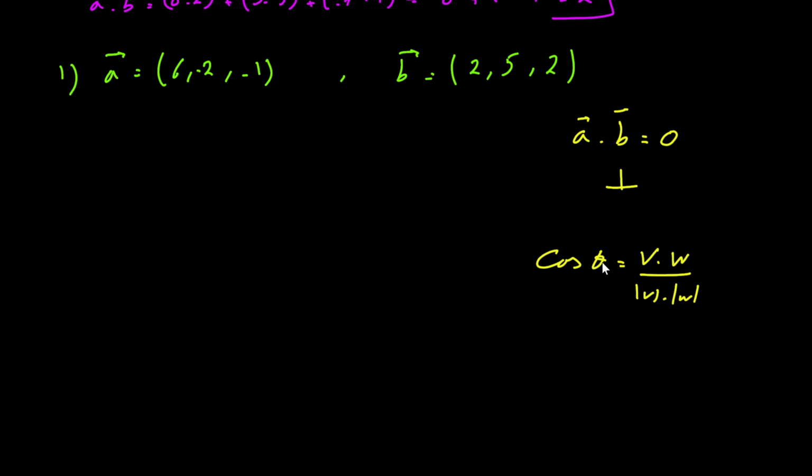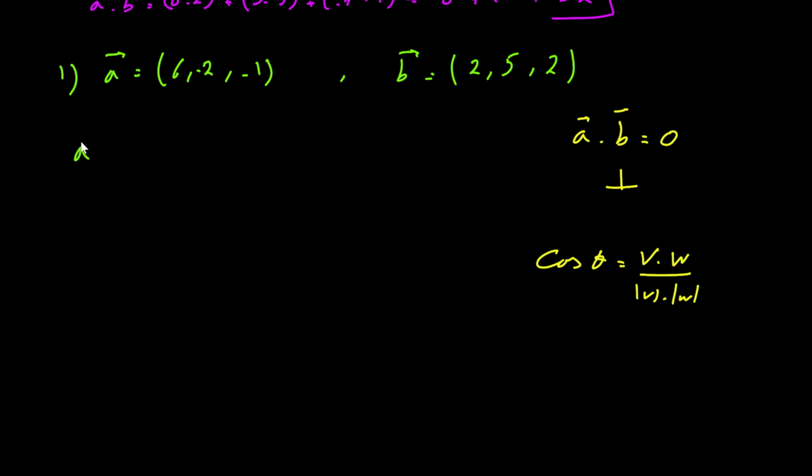So the cosine of 90 is going to give us a value of 0, so the dot product needs to be 0 to give us the angle 90. So that's where it comes from. If we solve it and we get a 0, that means the two vectors are orthogonal. Let's solve it and see what we get. And if it's not 0, then we need to figure out if they are parallel or not.